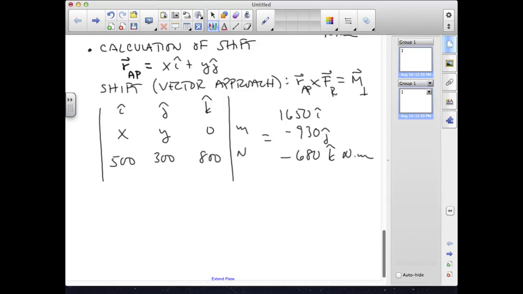So in the I direction, the scalar component from the left-hand side, we have 800 times Y. That has to match the 1650. And in J, on the left-hand side, we have minus 800x. That has to match the minus 930.